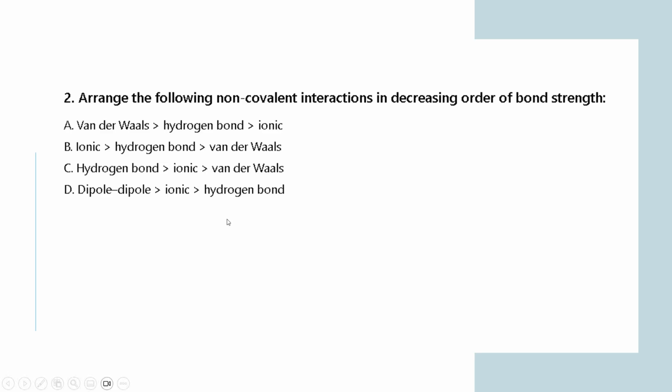The options are: van der Waals interaction, hydrogen bond, ionic; or ionic, hydrogen bond, van der Waals; or dipole-dipole, ionic, hydrogen bond. So what do you think are the non-covalent interactions, and which order of bond strength is correct? In decreasing order, I'm talking about.